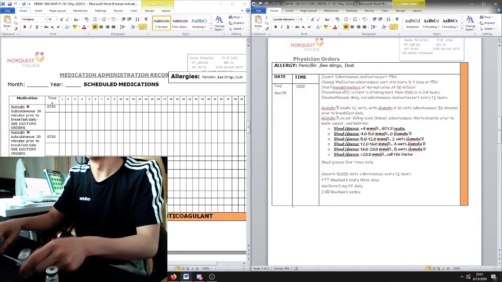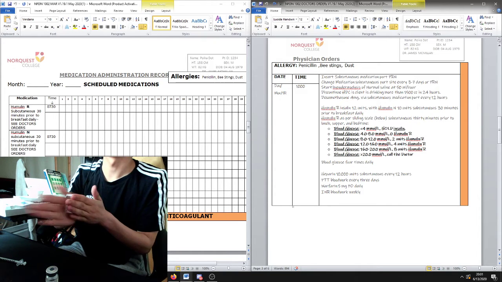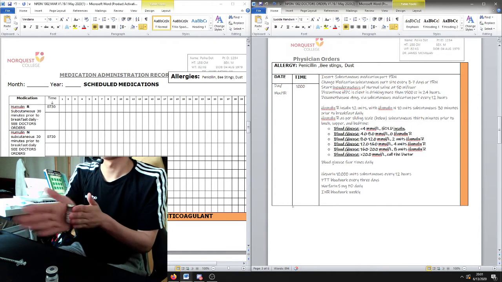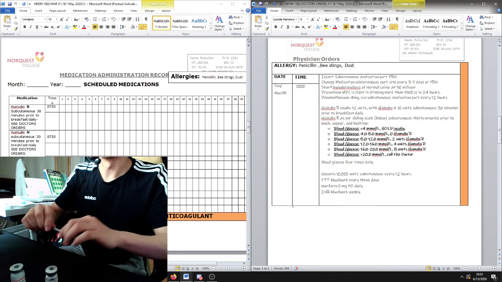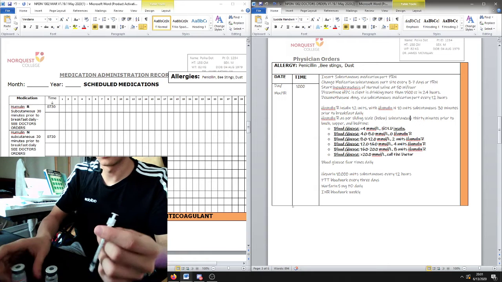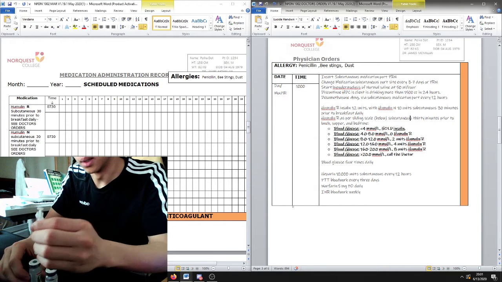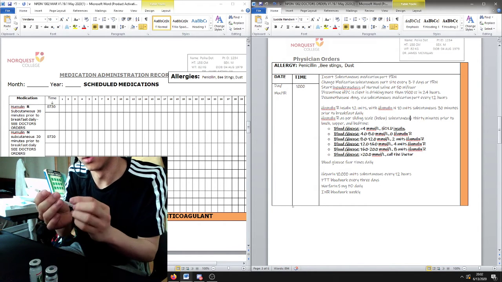So I am going to roll the cloudy one first. After doing so, I'm going to aspirate 10 units of air into Humulin N.